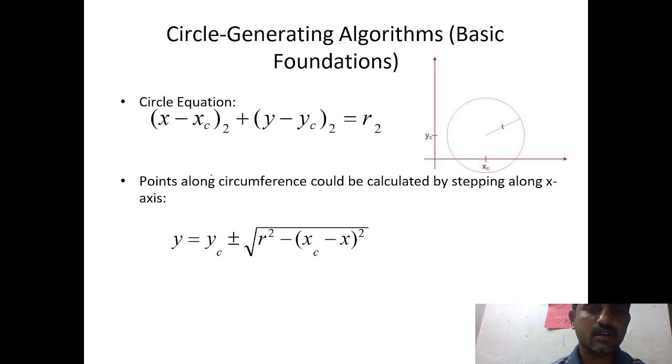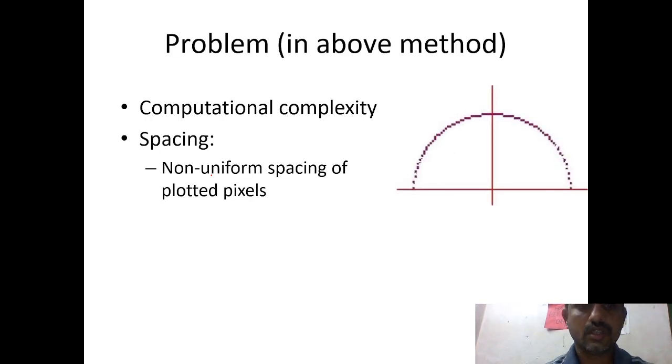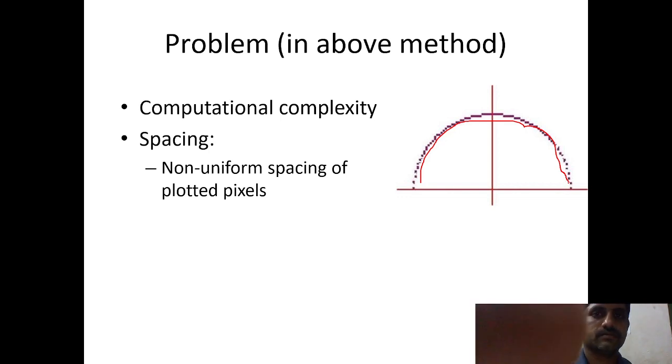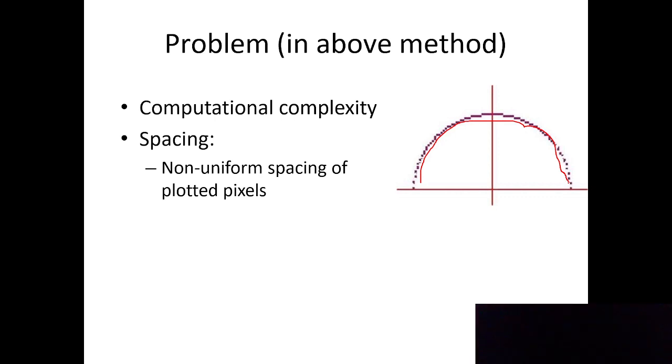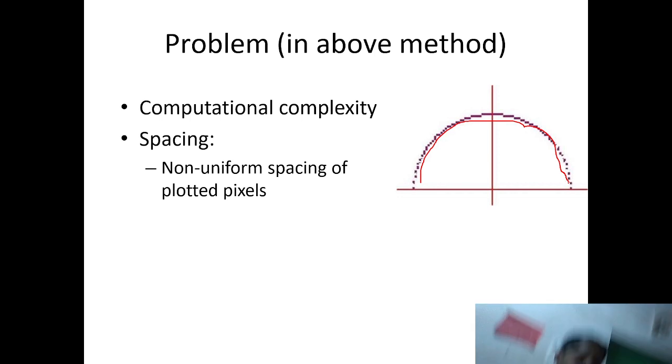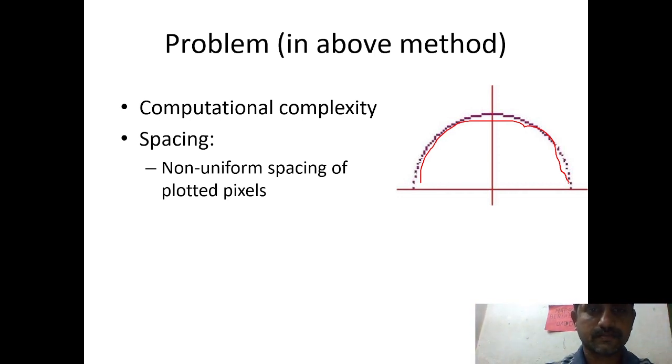Points along the circumference can be calculated by stepping along the x-axis, that is y equal to yc plus or minus root of r squared minus xc minus x whole squared. In this method, the computation is very complex, and there is a non-uniform spacing of the plotted pixels.